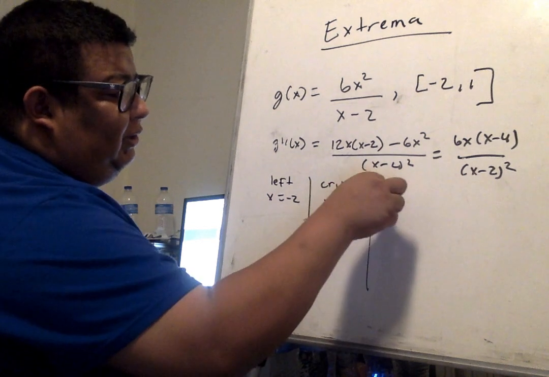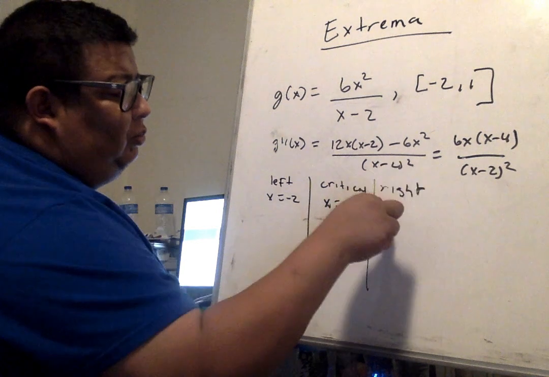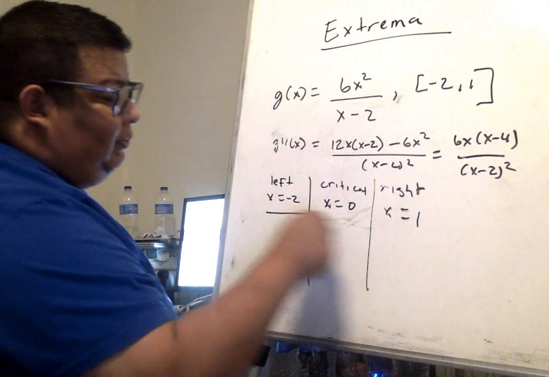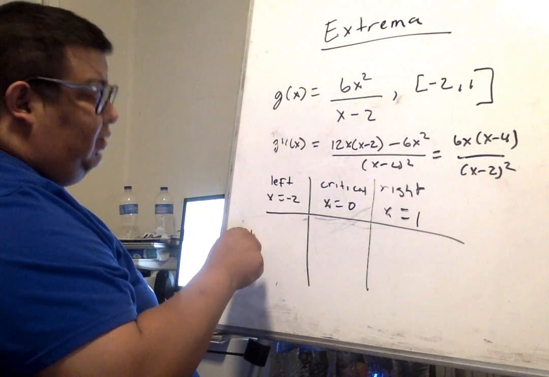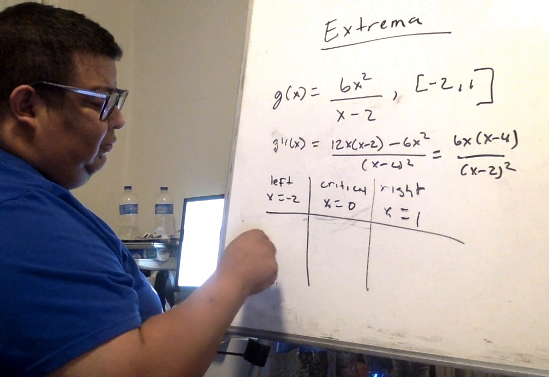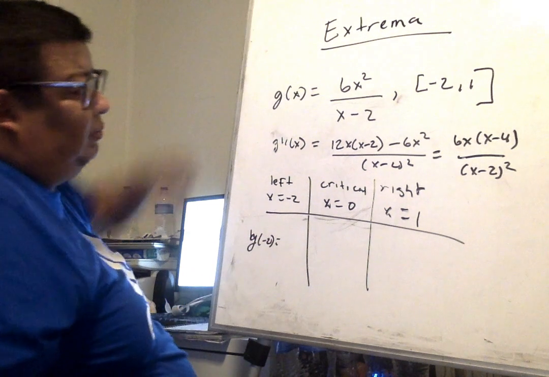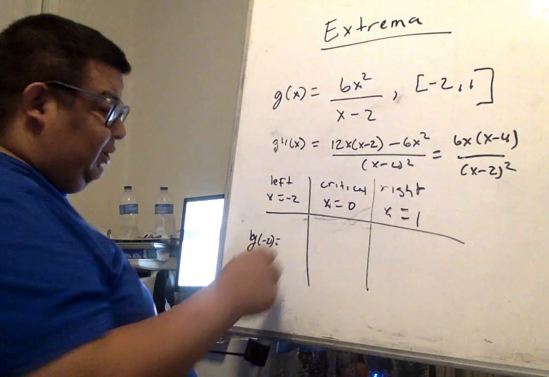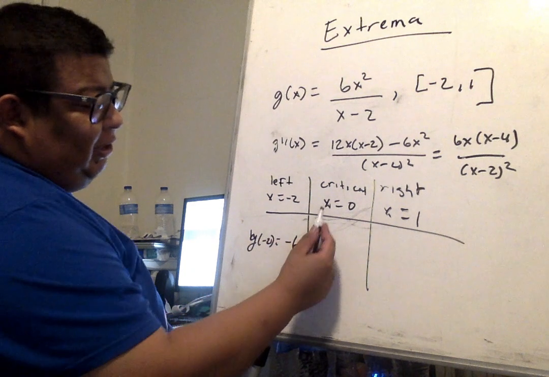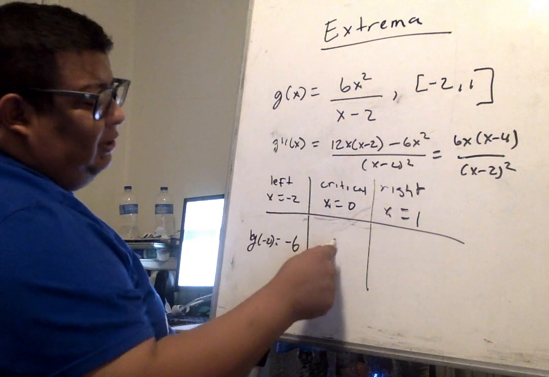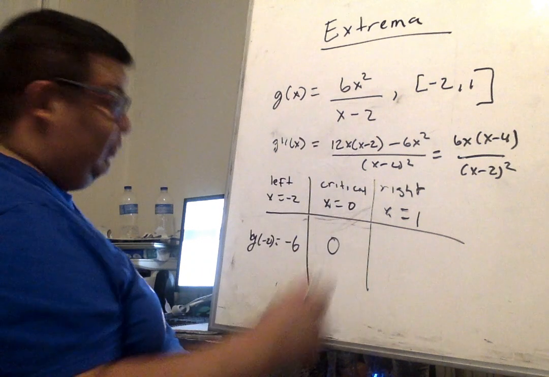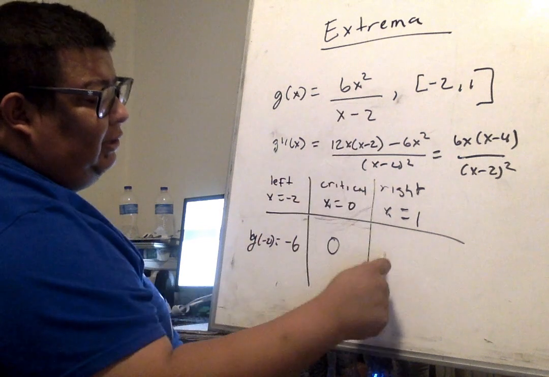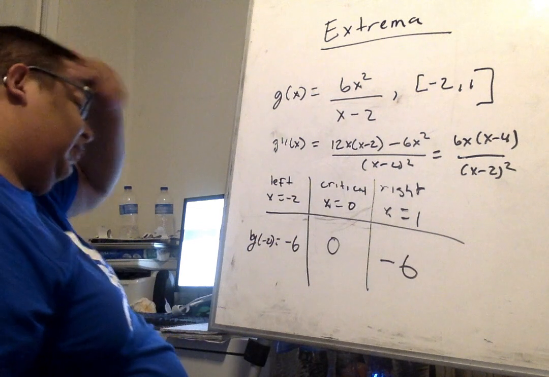And then the right endpoint, when x equals 1. So g of -2, plugging -2 in, I'm going to get -6. If I plug in x equals 0, I'm going to get 0. And if I plug in 1, I'm going to get -6.